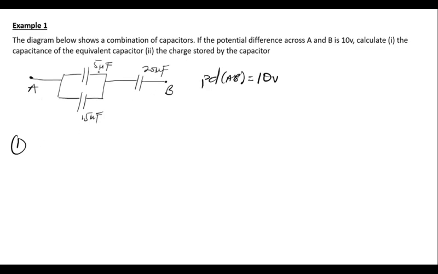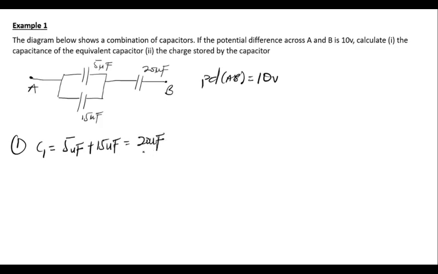So first of all, we add these two. C1 is equal to 5 microfarad plus 15 microfarad. We are just adding them because they are in parallel, and we just learned that for capacitors in parallel, we just add the individual capacitances to get the overall capacitance. So this is equal to 20 microfarad.